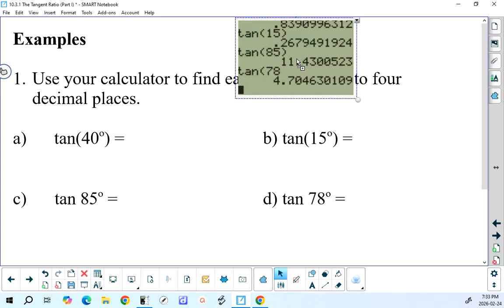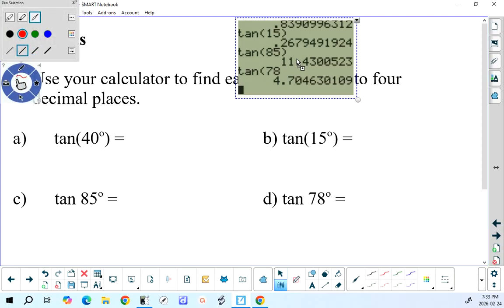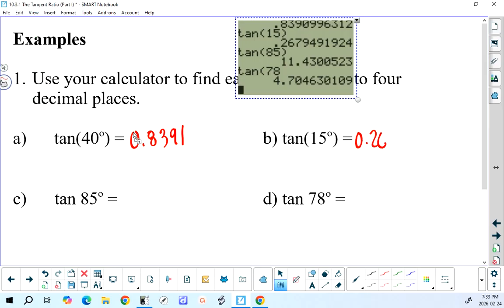How many decimal places? 4 decimal places. So 0.8391, 0.2679, 11.4301, and 4.7046.